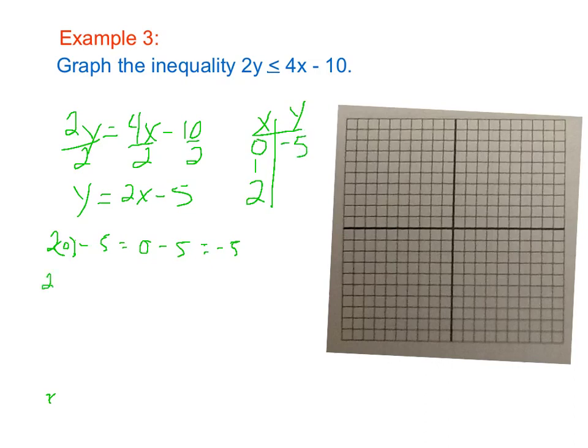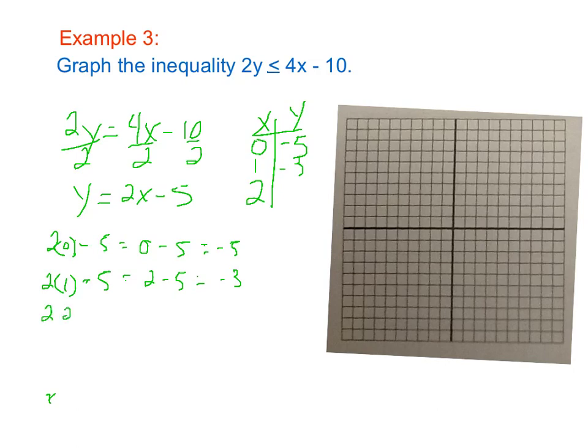So when x is 0, y is -5. I'm going to plug a 1 in. And when we do that, we get 2 minus 5, which gives us -3. So when x is 1, y is -3.